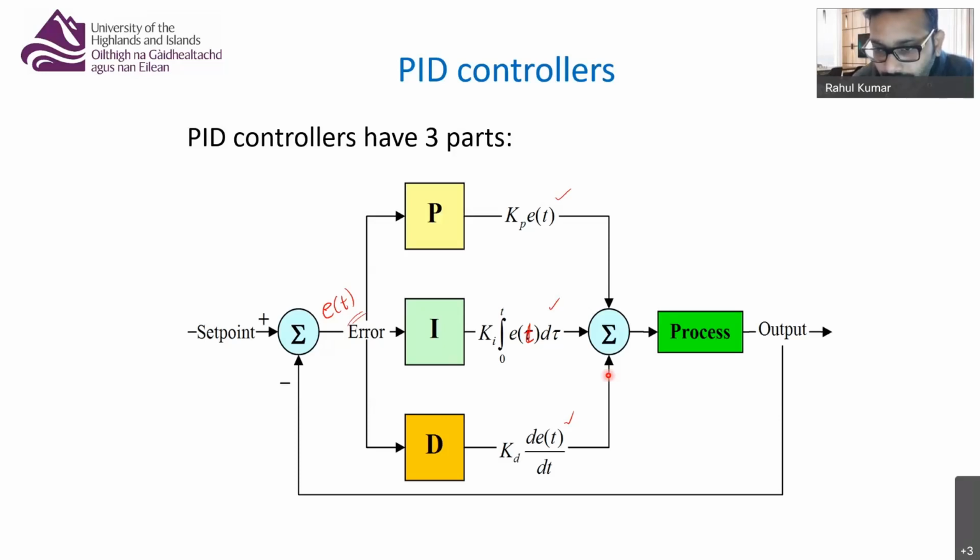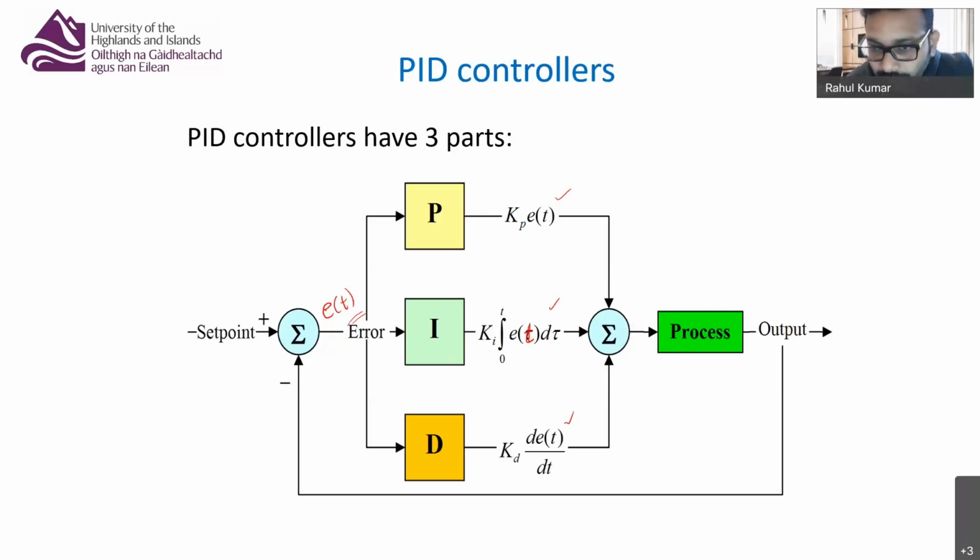And then it generates the output of your PID, which is sent to your process to control or adjust the output. So the PID sends the control signal to your process, and according to the control signal, the process performs certain operation to adjust the output.